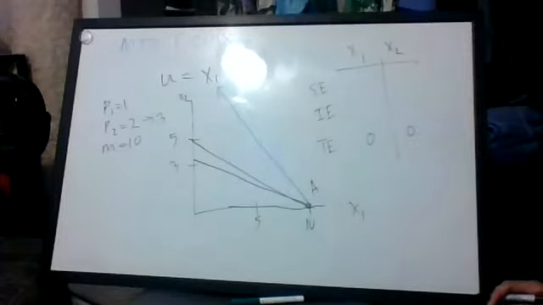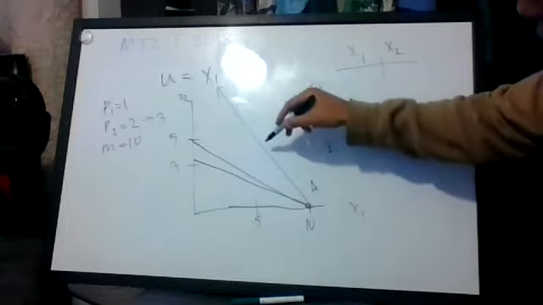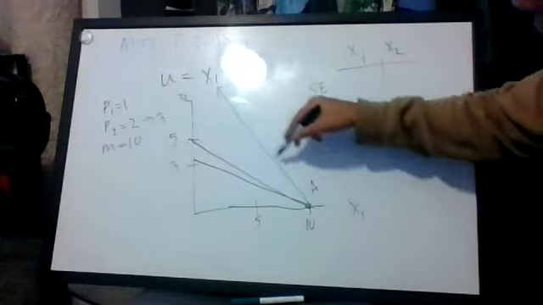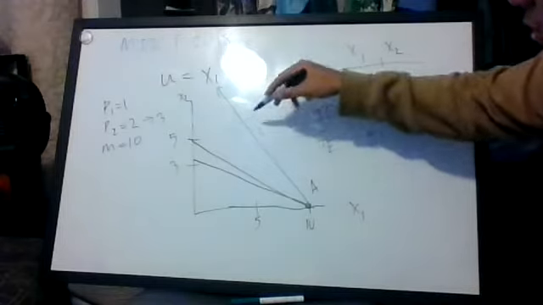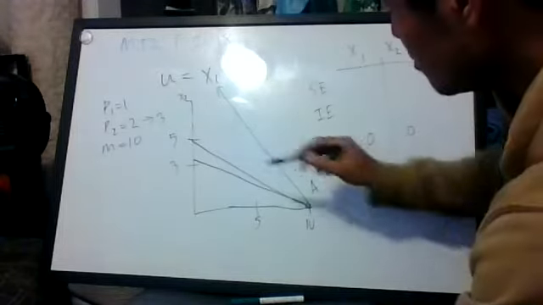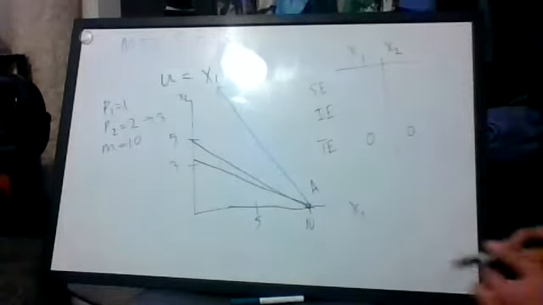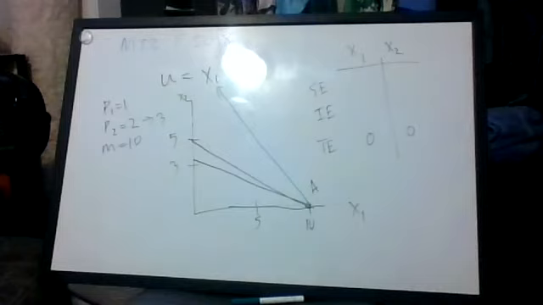And so basically it has to have the same utility as this indifference curve, but it also has to have the same slope as this curve right here. And so what you'll see is that, will it be 0, 0?